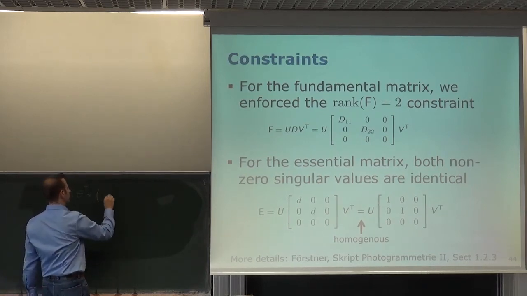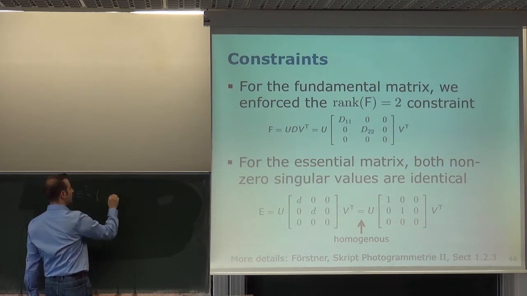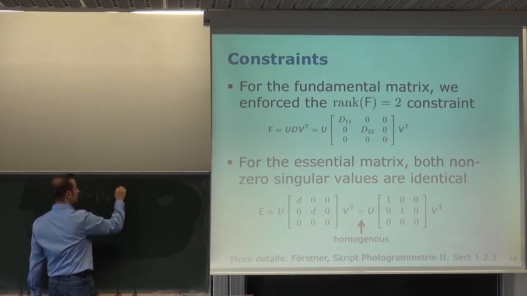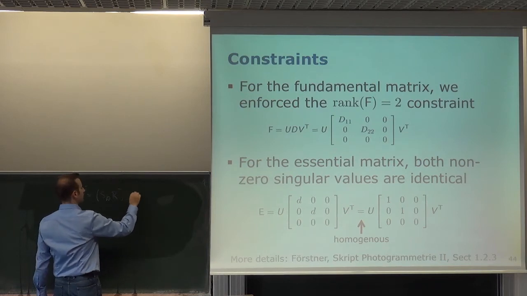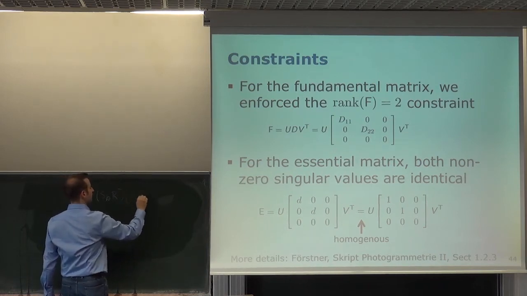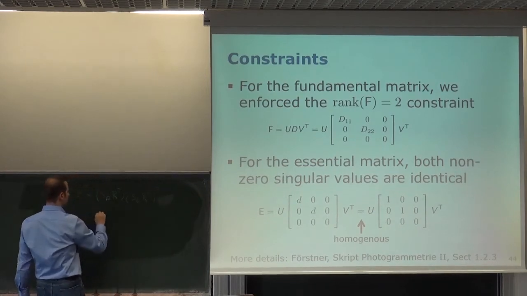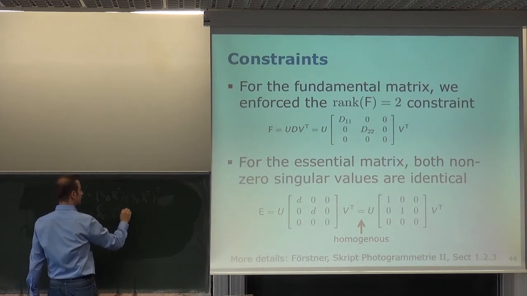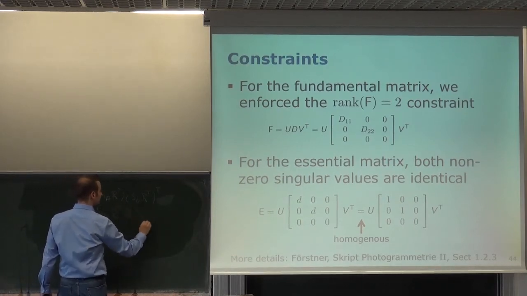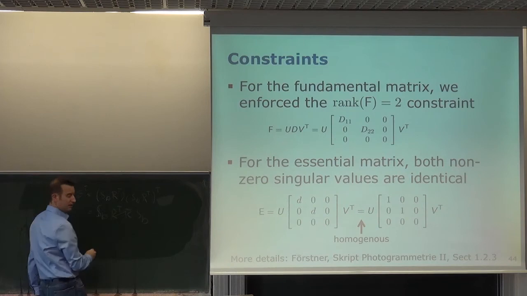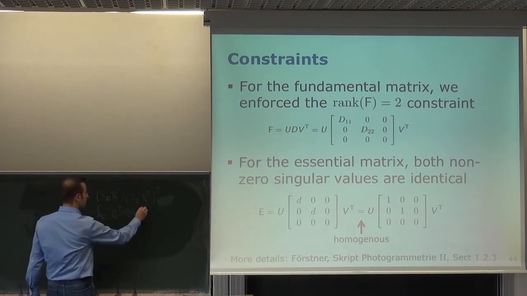So this was SB R transposed, which is SB R transposed R SB, so this gets eliminated.